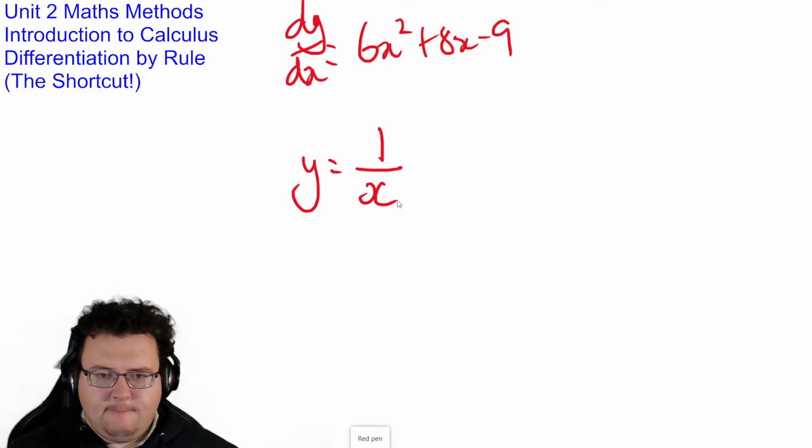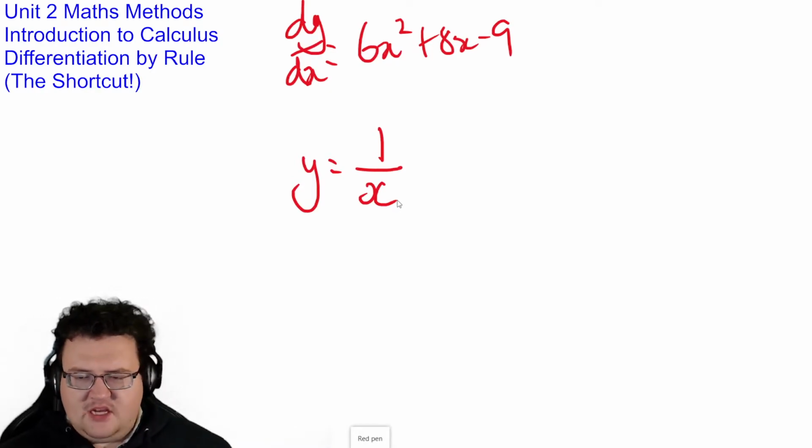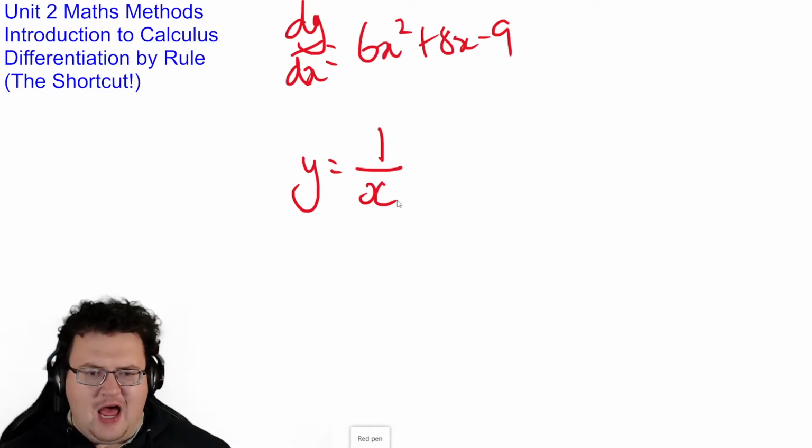Even that. I can dy dx that, no problem. How? Write that in index form using indices.